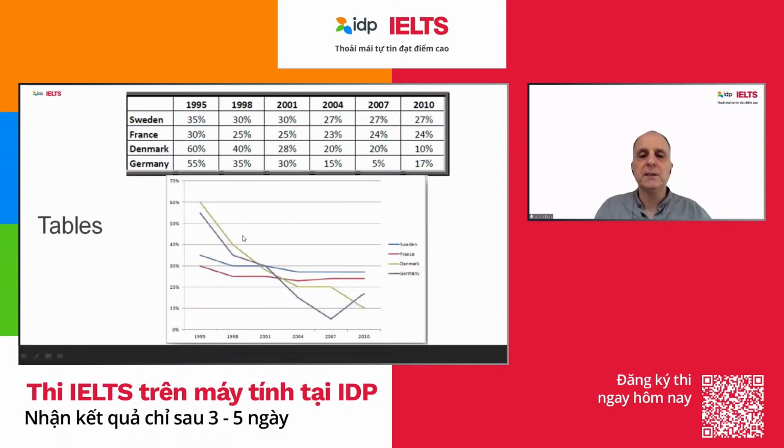Okay, so when we look at the tables, remember that some of these tables, okay, this table is exactly the same as this line graph. Okay, so we approach it in the same way. So seeing about how it is over time.